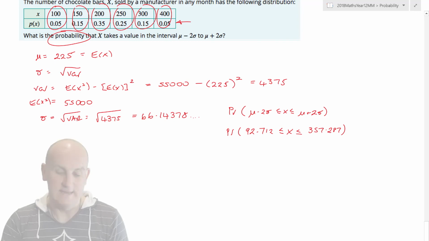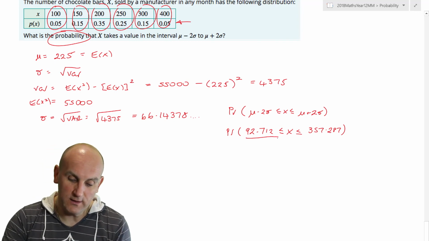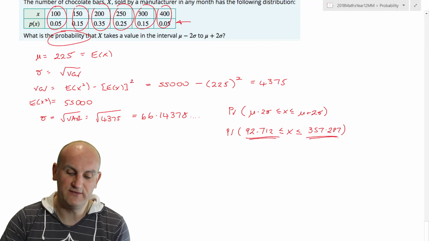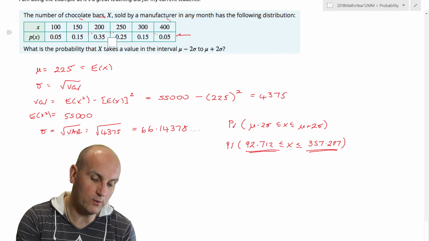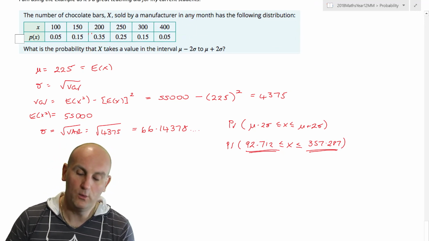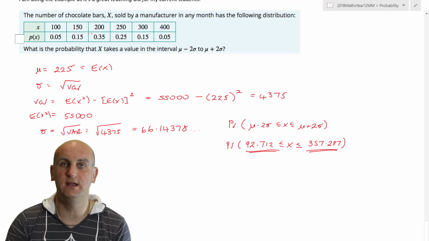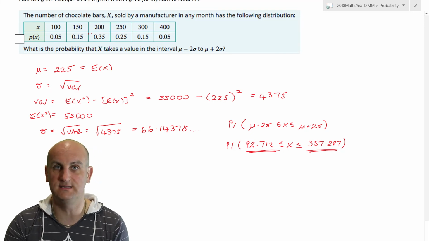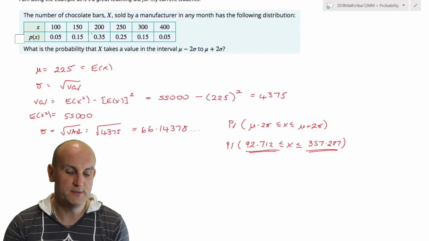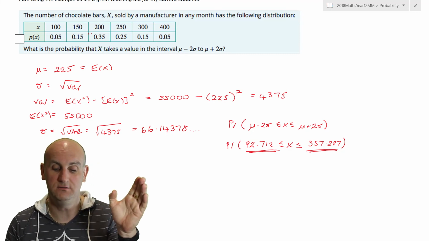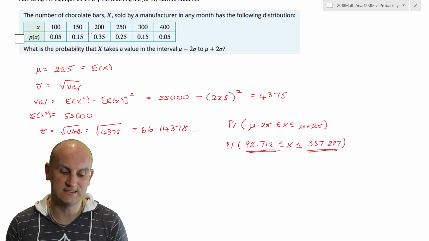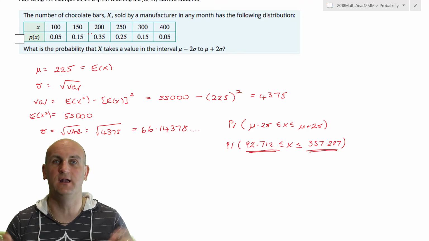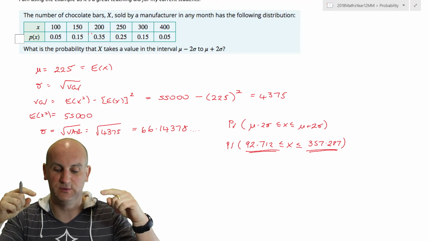Now, do we have a value in my table of 92.712 and 357.287? Well, you're going to say, where am I looking? These values here are saying we're trying to find, or sum, the probabilities between an x of 92 and an x of 357. Well, I can't see those values, so I have to choose values inside each of those points.